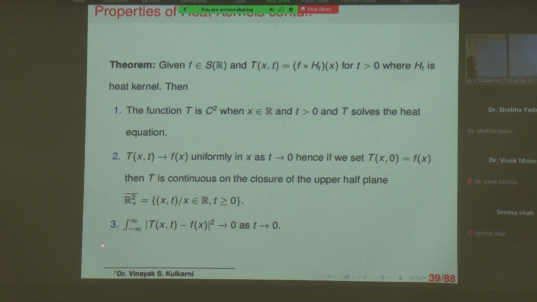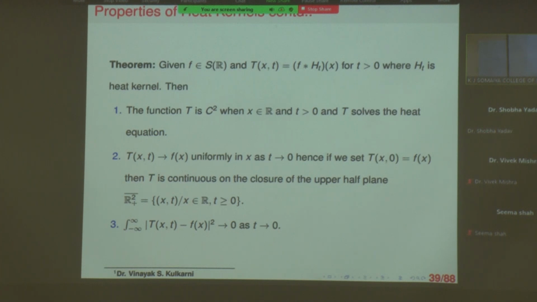Third, if we consider the difference between T of x,t and f of x, it is a mean square function: the integral from minus infinity to plus infinity of the absolute value squared of T of x,t minus f of x tends to 0 as t tends to 0.